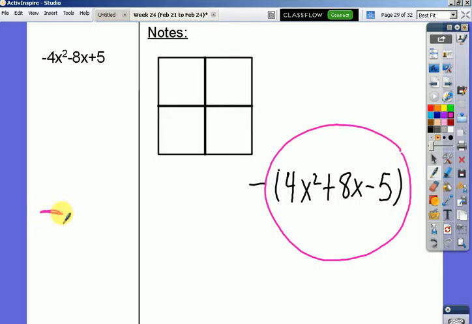Does that make sense? So again, we're gonna ignore the negative, look for our GCF, we don't have a GCF, AC is negative 20. And so our P and Q, P equals 10, Q equals negative 2.